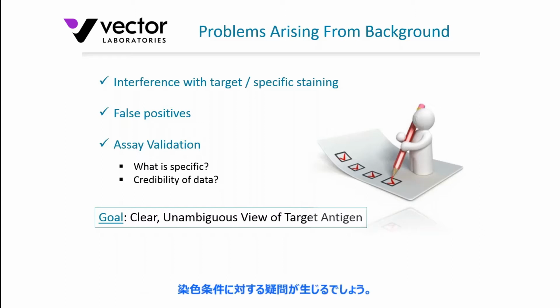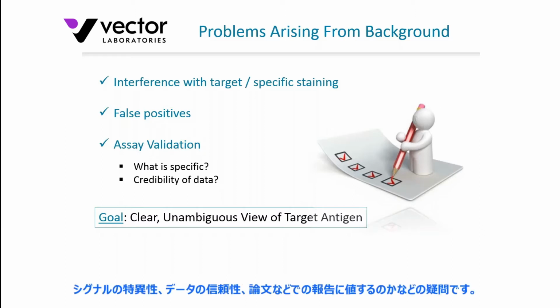So what this does, it raises questions about your assay validation, raises questions about what is specific, and it does undermine the credibility of your data, certainly for publication purposes or anything beyond that. The goal in these applications for immunohistochemistry and immunofluorescence are clear, unambiguous views of the target antigen you're looking for.